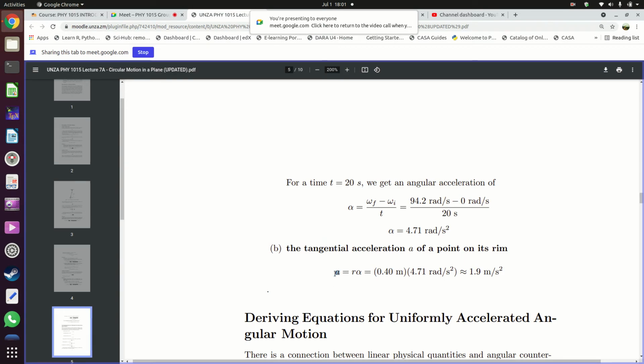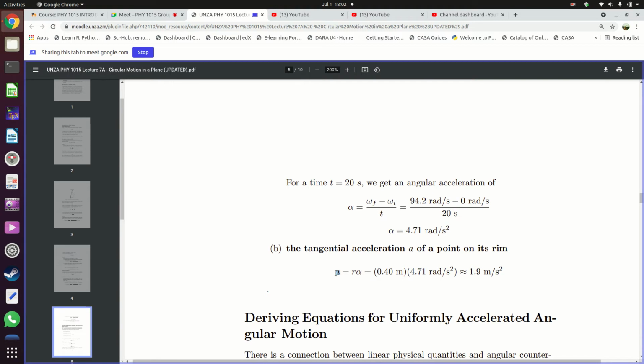The a is a linear acceleration. When you're moving in a straight line, what is your acceleration? When your velocity changes from u, the initial velocity, to the final velocity, divided by the time: a is equal to v minus u divided by t. So this is acceleration. a is acceleration in a straight line.